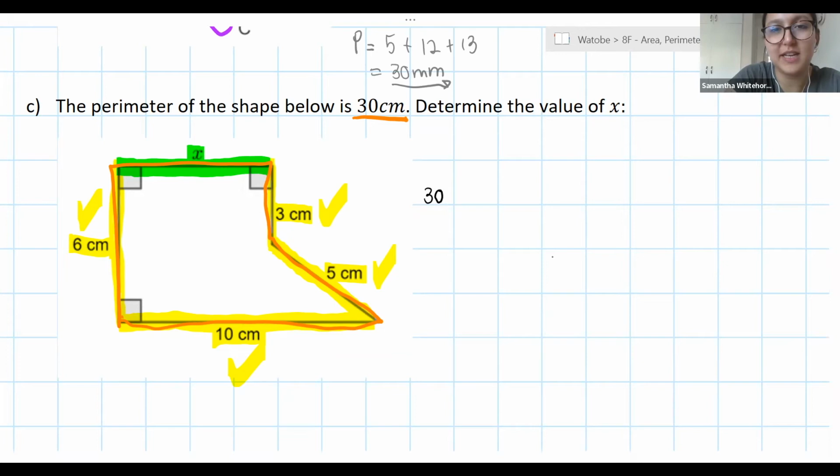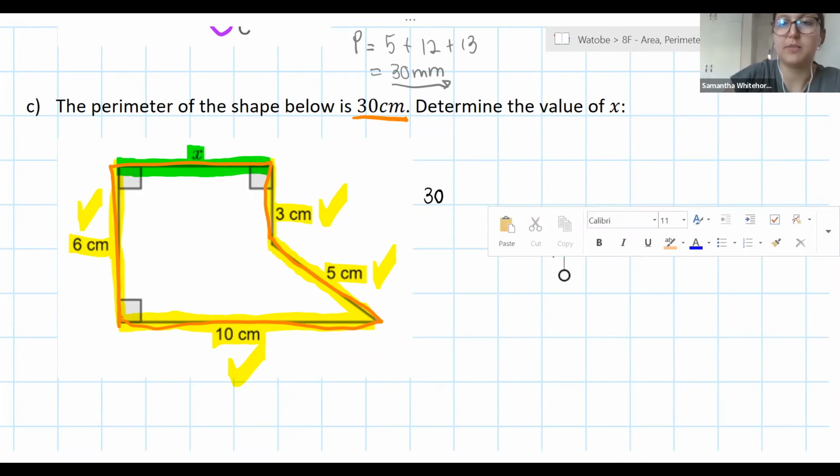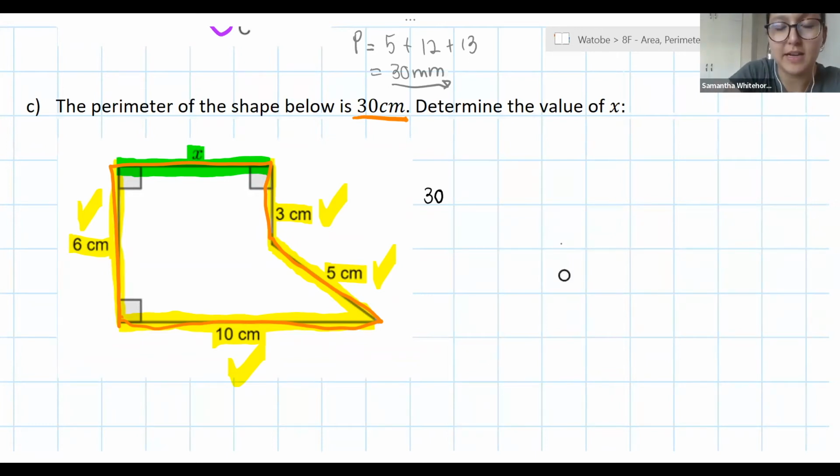Excellent. So as Longile told us, if we now add up all of the sides of my shape, I have 30 minus 3 plus 5 plus 10 plus 6.